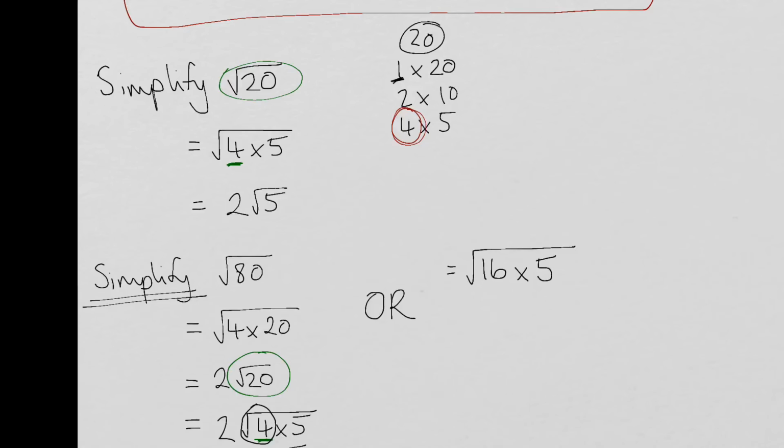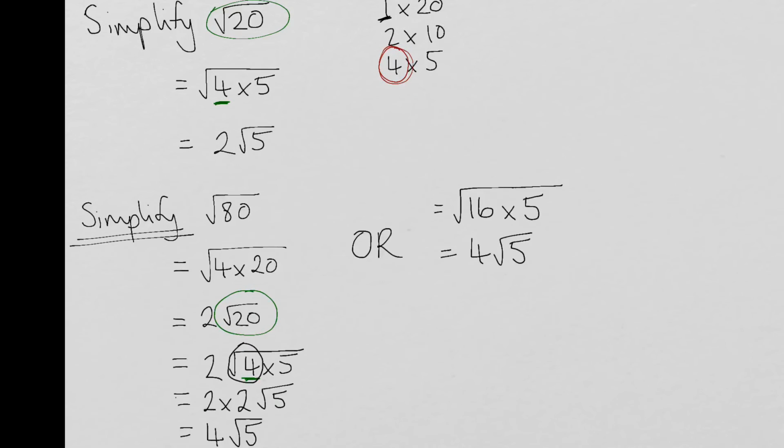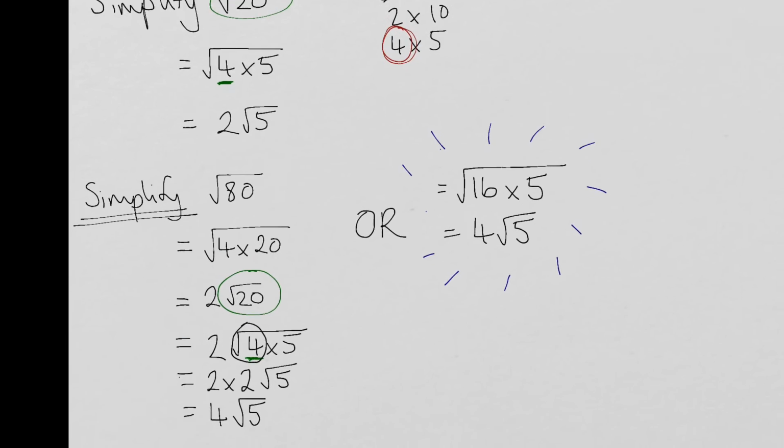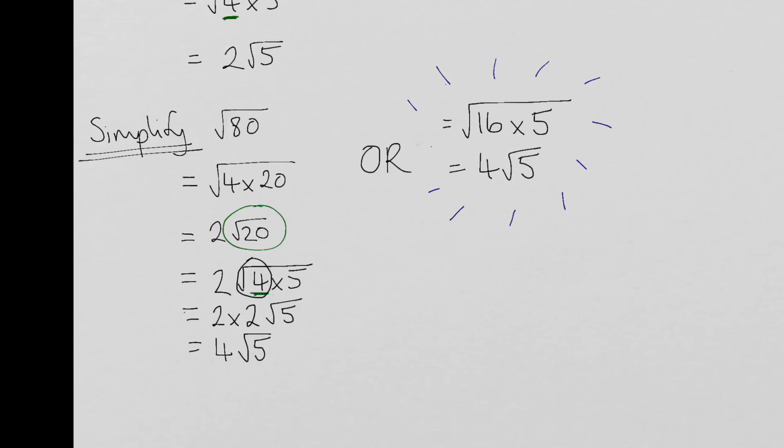So if I then take the square root of that 16, I will get 4 root 5. Now, obviously, this would be your preferred method, being able to just get the highest number and simplify it in one step. But it's important that you know what to do if you do it in small steps, which is why I've also included this section here.